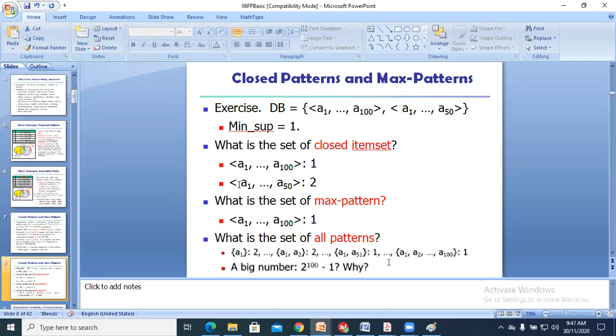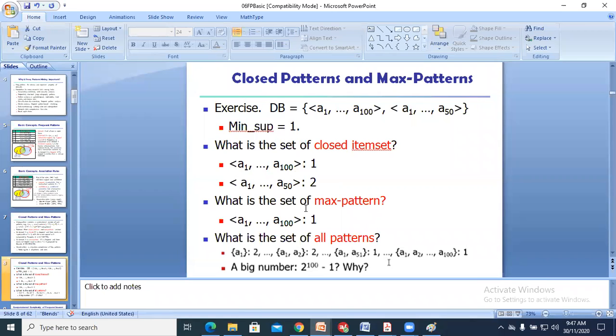So it means that it is a closed item set. Also, A1 to A100 is a closed item set because it doesn't have any superset. So it satisfies the minimum support criteria, so it is a closed item set.